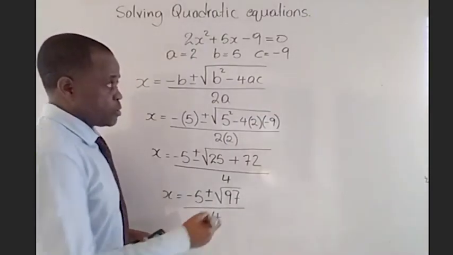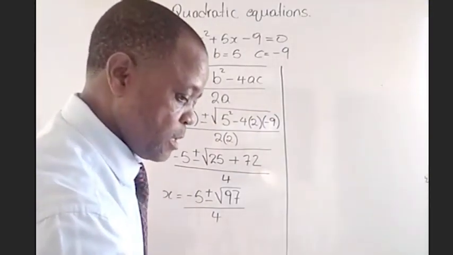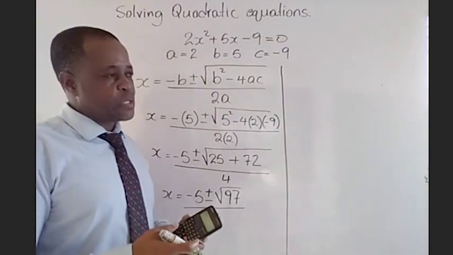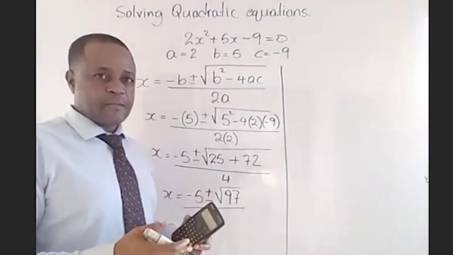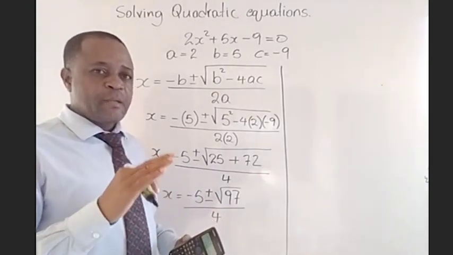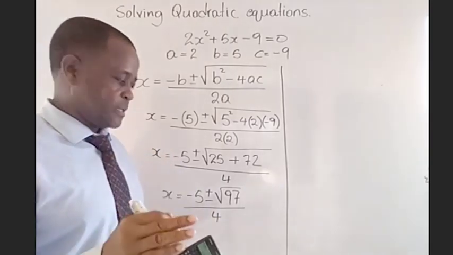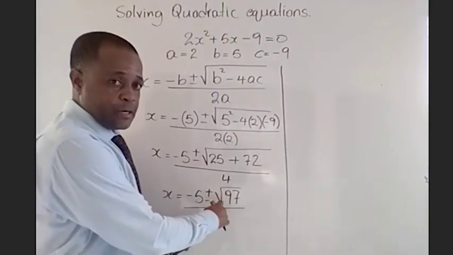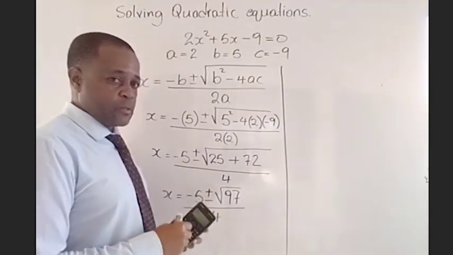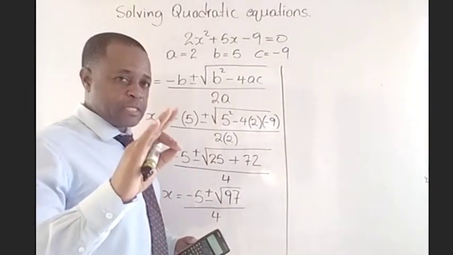Now, when you're going to round off, in terms of accuracy, I want you to round these numbers to at least 3 significant figures. At least 3 significant figures.